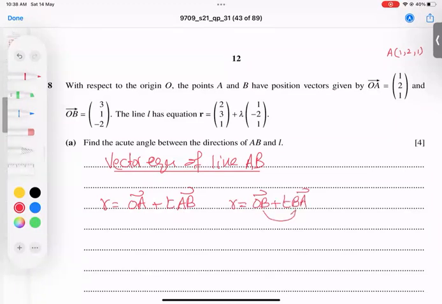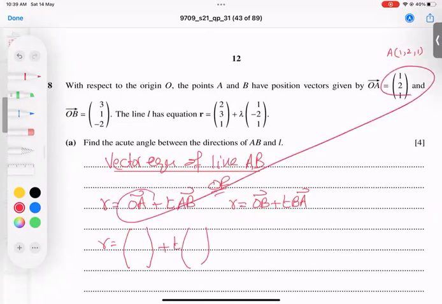Again, this is the same as I said before, so you can use any one. I'm using the first one, r equals OA plus t times AB. OA comes from here, so I'm writing here 1, 2, 1.